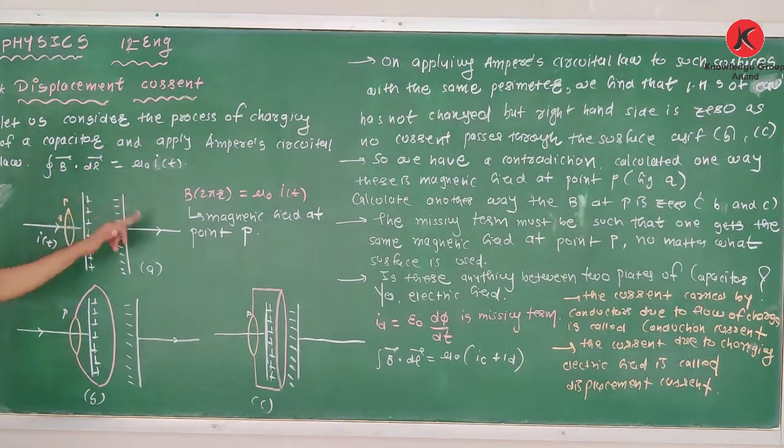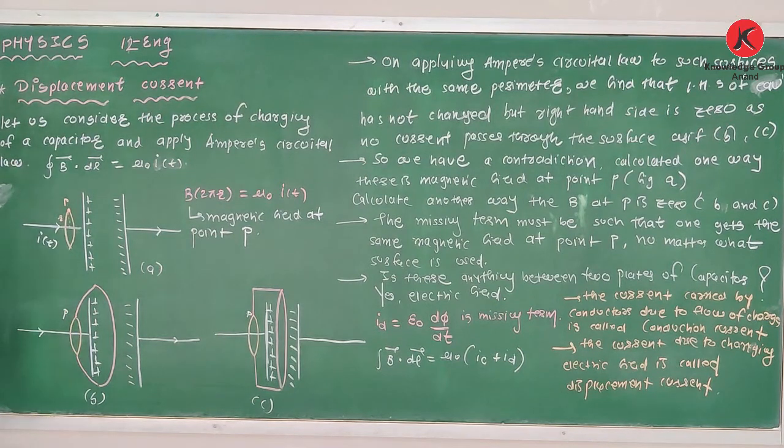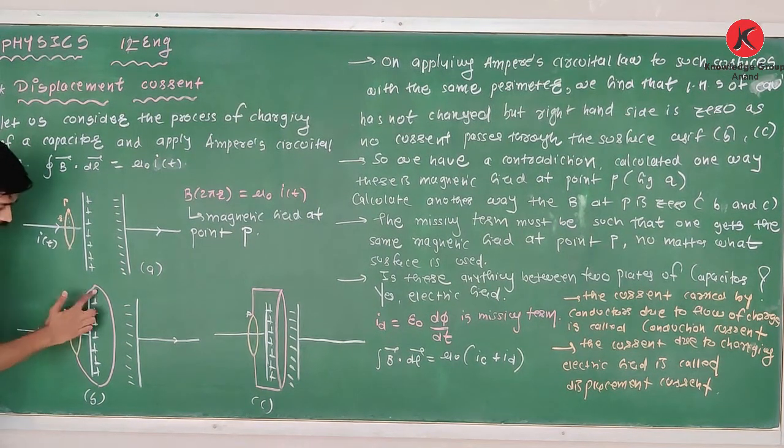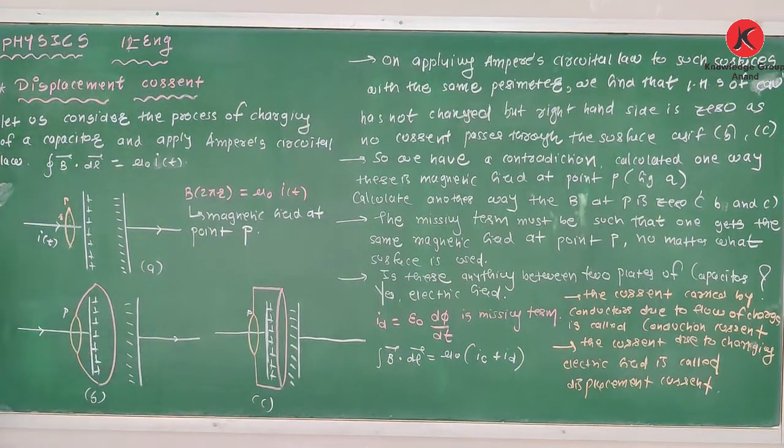So the conclusion of this first figure A is that at point P we have some magnetic field. Now, as shown in figures B and C, suppose the surface has been changed. This surface is like a pot, with point P again at distance r, and the other end of the surface lies between the two plates of the capacitor.